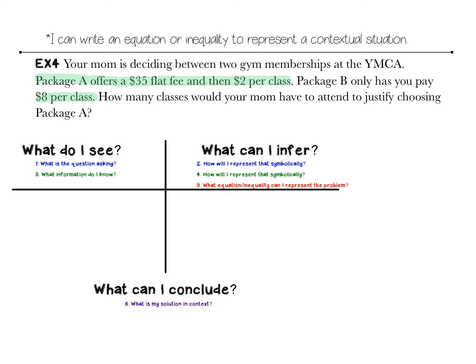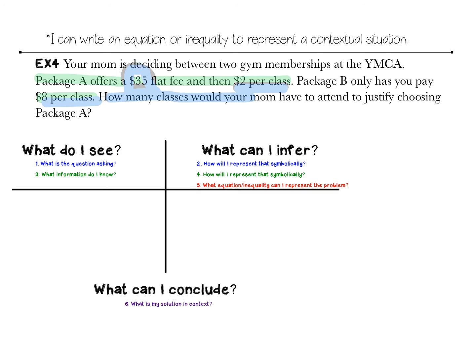So the question is asking, how many classes would your mom have to attend to justify choosing package A? So in package A, I'm paying a lot more up front, but then I'm not paying as much per class. So eventually there's going to be a point, if I go to a lot of classes, where paying a flat fee and then a price per class is going to be cheaper than just $8 per class.